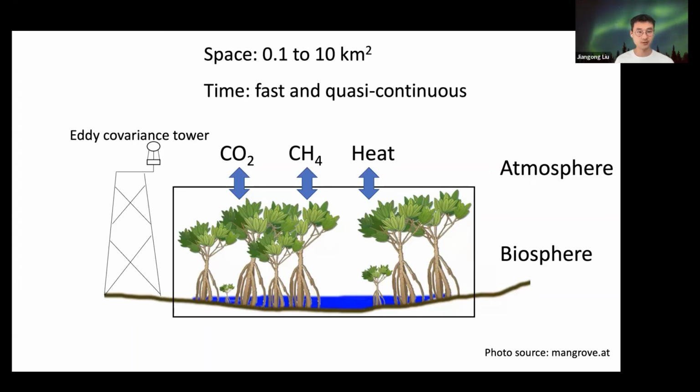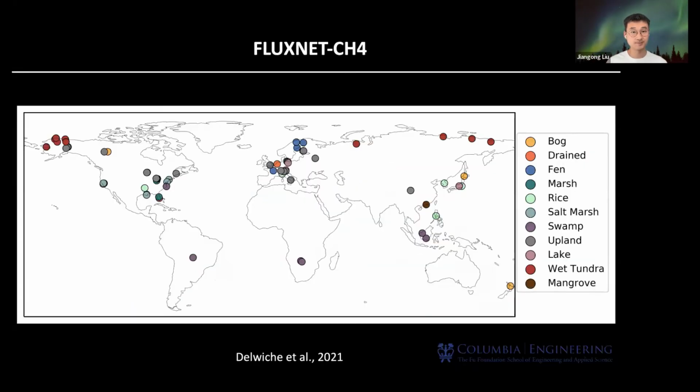Normally the gas analyzer and anemometer work at a frequency of 10 or 20 hertz, so this provides very valuable information on the dynamics of these ecosystems. We already have a global network of eddy covariance sites, and the database is called FluxNet Methane, covering different wetland types.